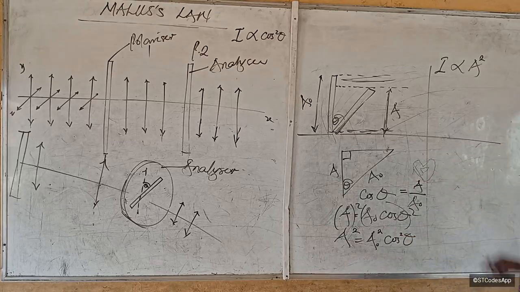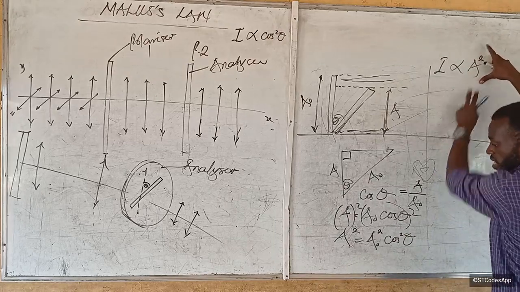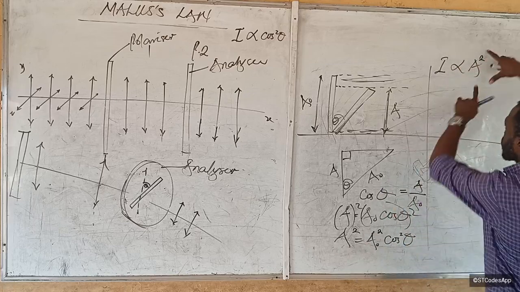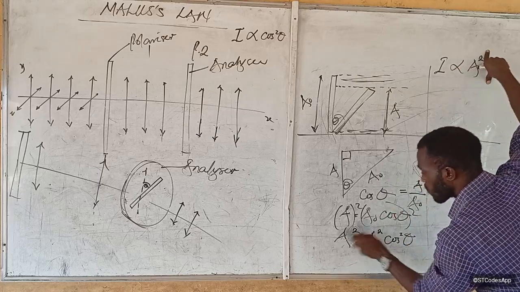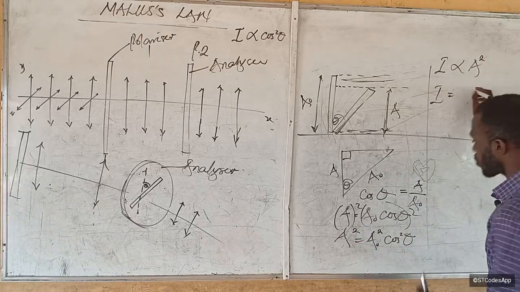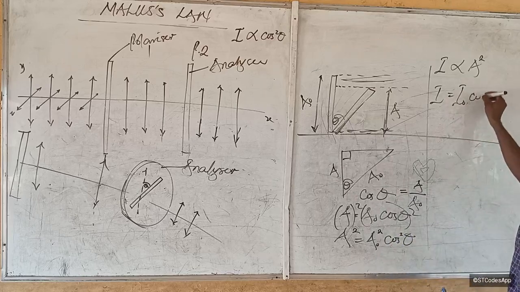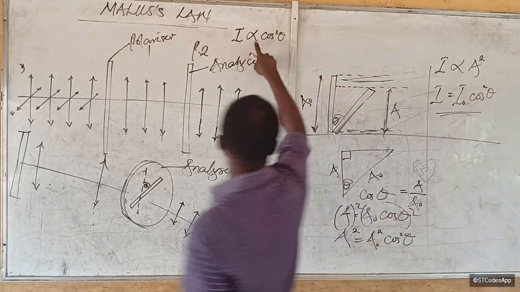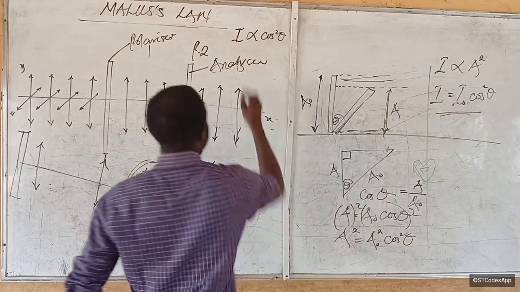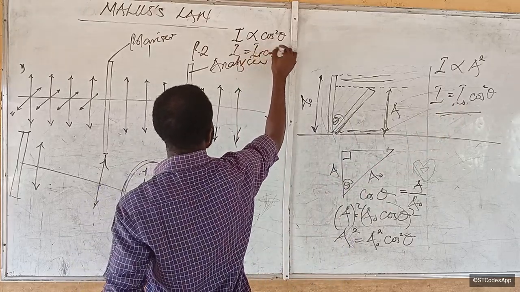Since I is directly proportional to the square of A, we substitute. So I will be equal to I0, the initial intensity, times cos squared theta. So I becomes I0 cos squared theta.